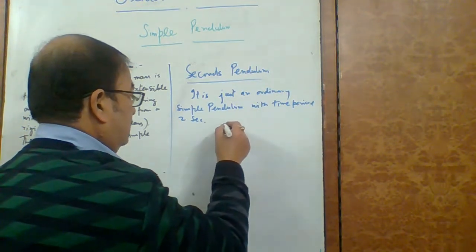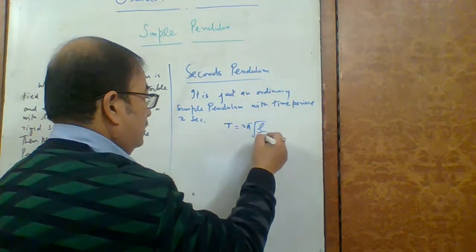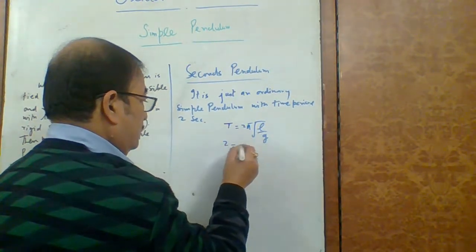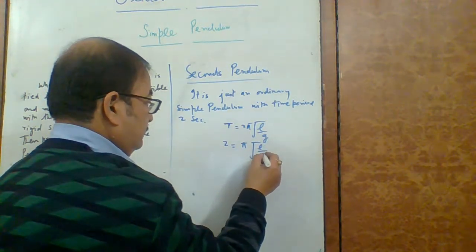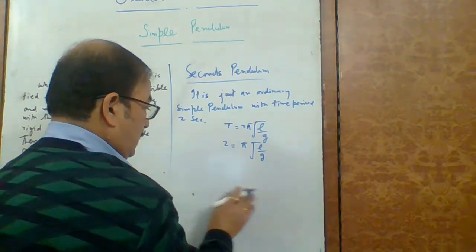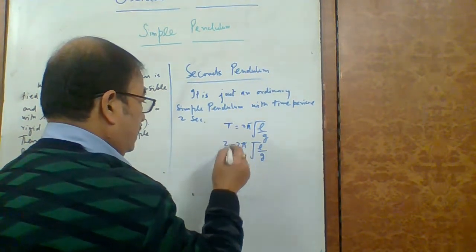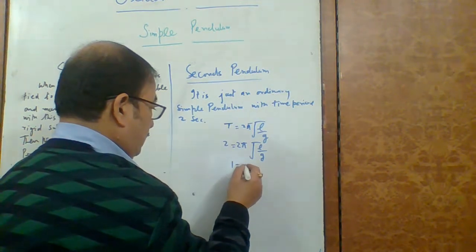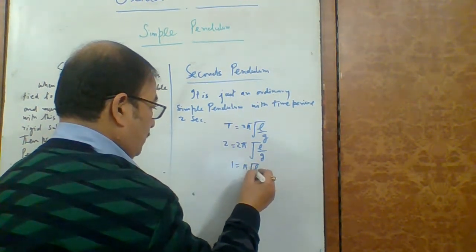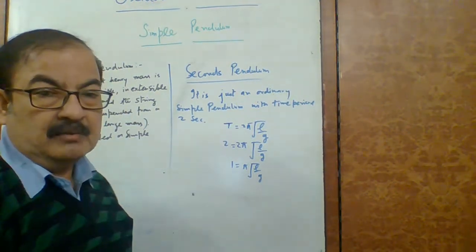This is T equal to 2 pi under root L upon G, and here T is 2. So 2 equals 2 pi under root L upon G. Then 2 cancels out, and we have 1 equal to pi into under root L upon G. Suppose we square both sides.